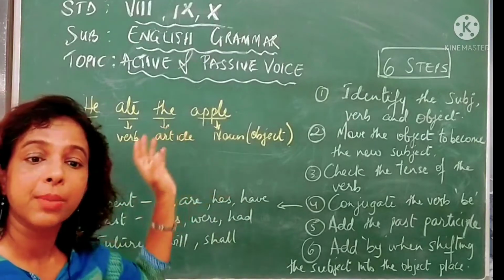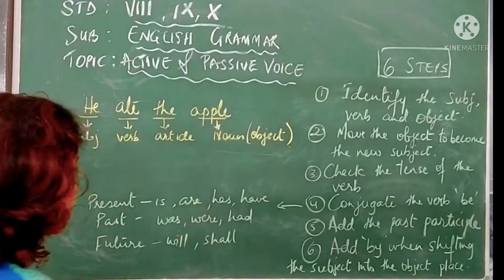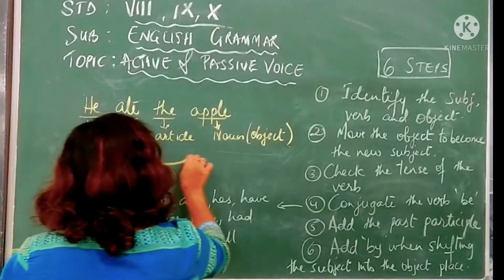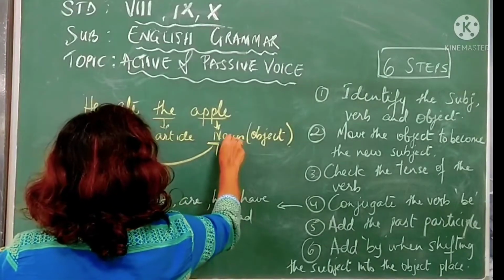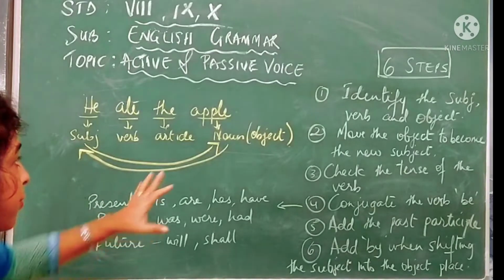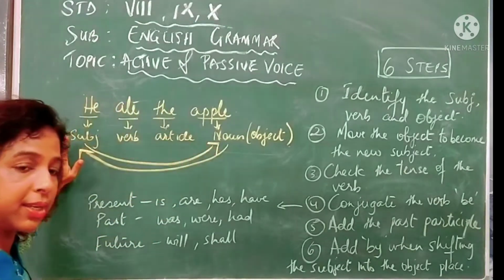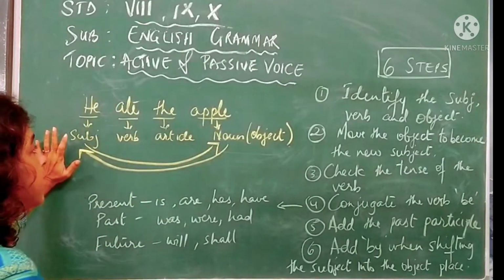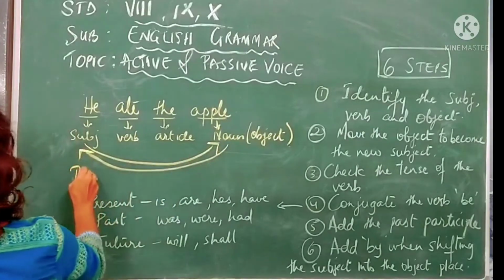But now we need to change it in the passive voice. So when you change it in the passive voice, the subject actually goes into the object's place and the object comes to the subject's place. Now how will I do that? If I want to bring apple this side, I am going to be saying the apple.